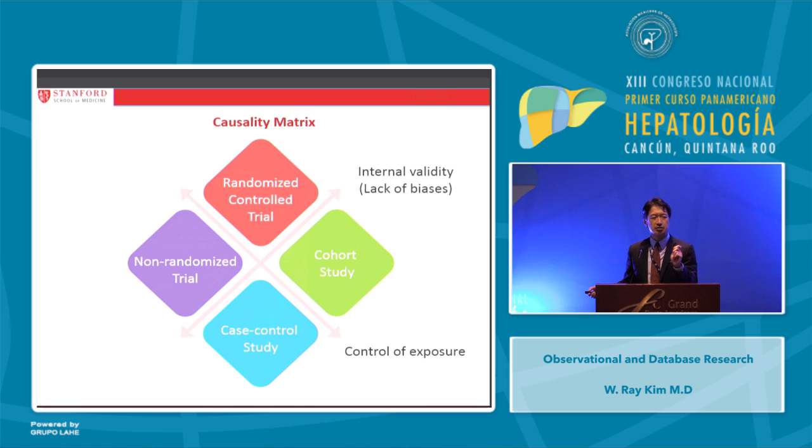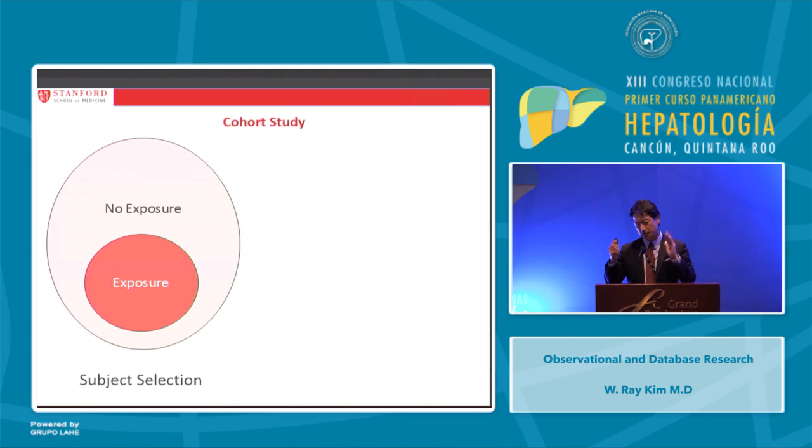So trial obviously is where you control the exposure. Exposure meaning treatment or disease causative agents. Trials are better that way. These are observational studies where you don't have control of exposures. So in terms of strength of causality, these studies are stronger and these studies tend to be weaker. So that's the concept that I'd like to start with.